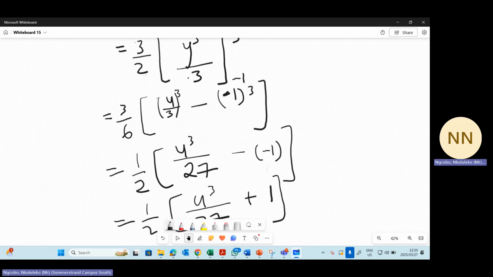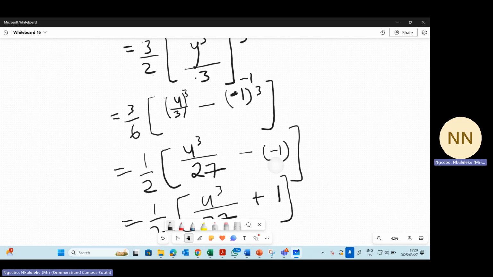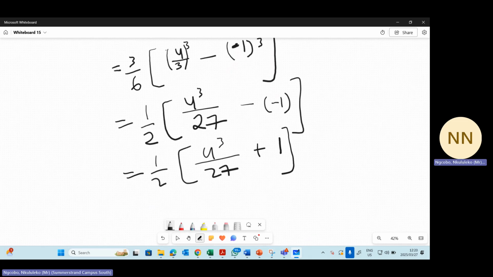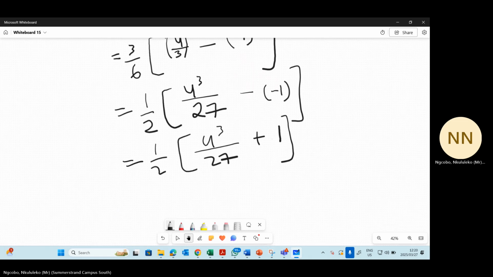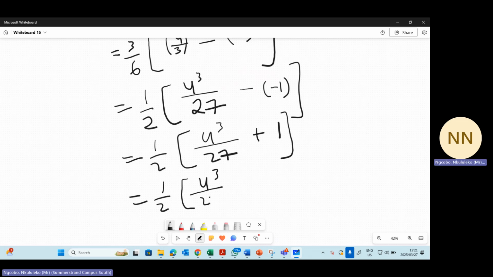Did we make a mistake somewhere? Let me just see something. Okay, let's continue. So this will be just 1/2 of u cubed over 27.